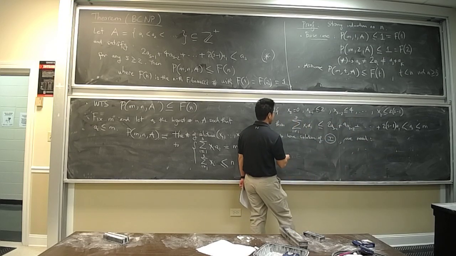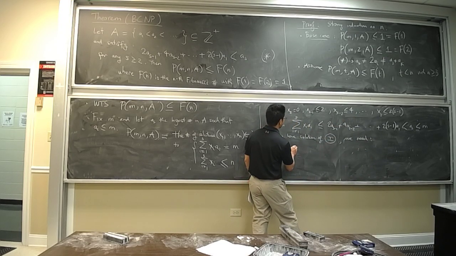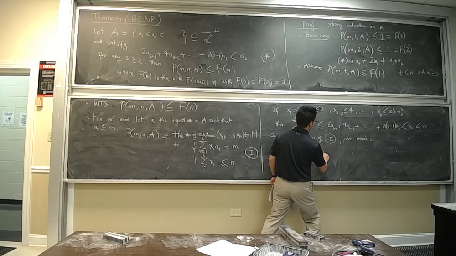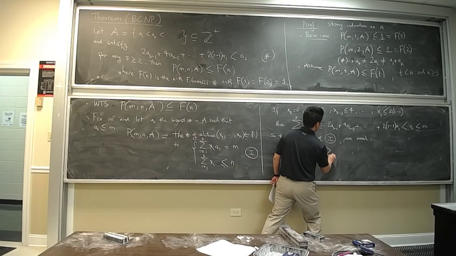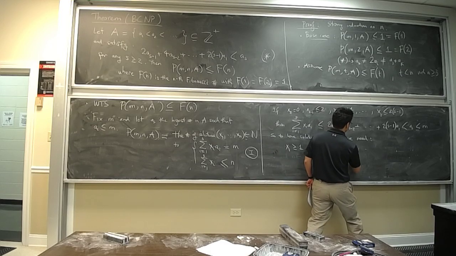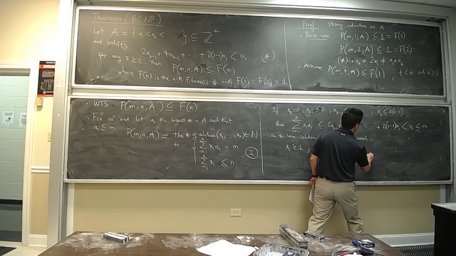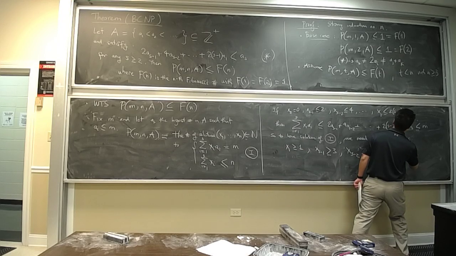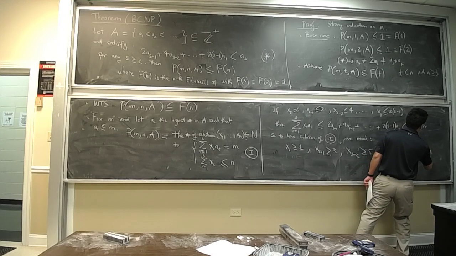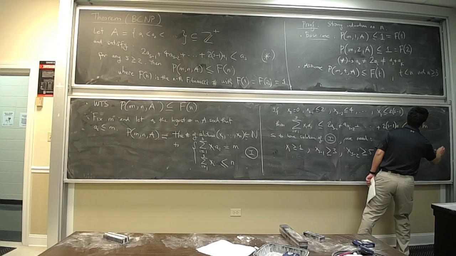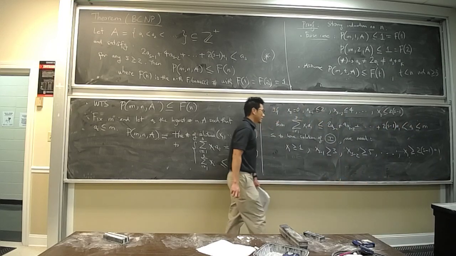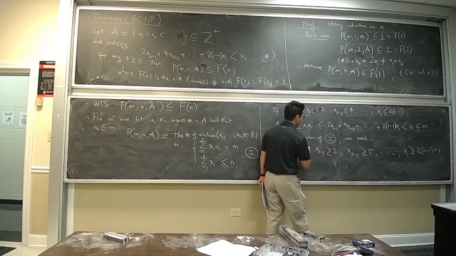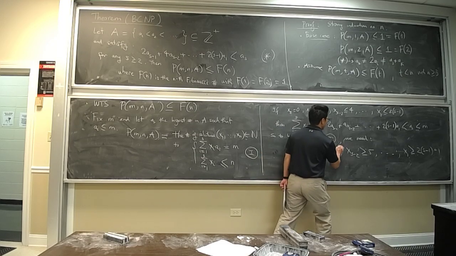Okay, so we need either x sub s greater than or equal to 1, x sub s minus 1 greater than or equal to 3, x sub s minus 2 greater than or equal to 5, etc. all the way to x sub 1 greater than or equal to that. Okay. All right. So, well, this is the or here.